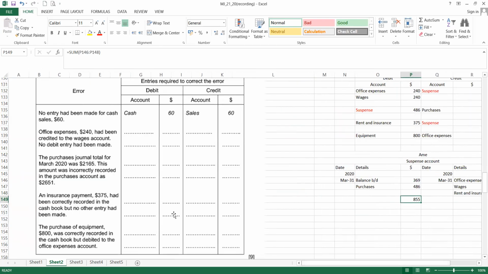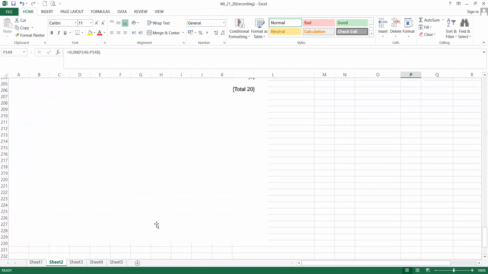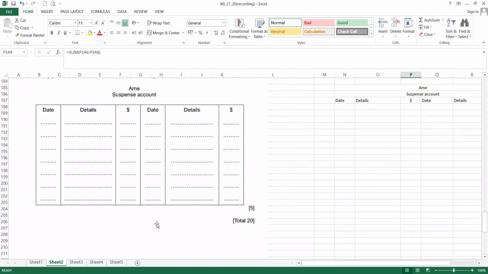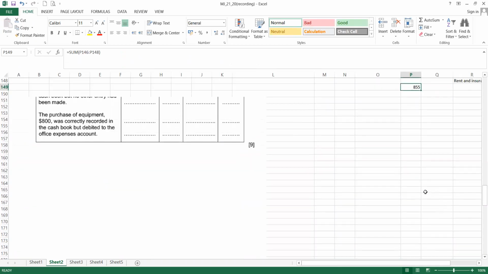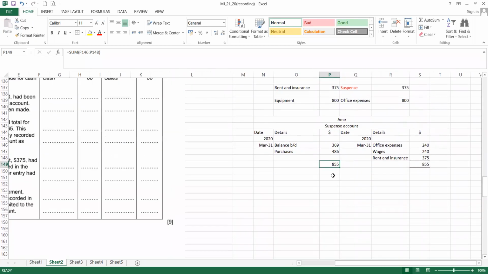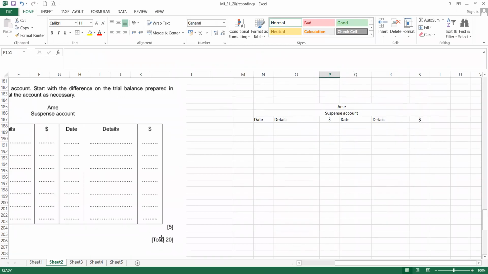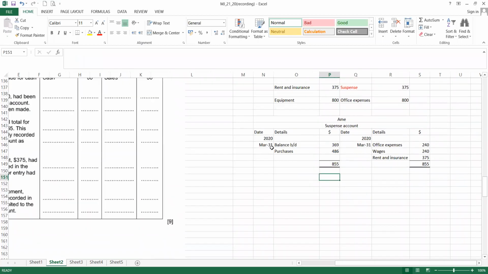You check whether your next section talks about the suspense account. If the question talks about the suspense account, that means there could be differences, an error still not found yet. If they didn't mention it, like for example this question, where the end of the question is already 20 marks, it means this question is unlikely to have differences between debit and credit.